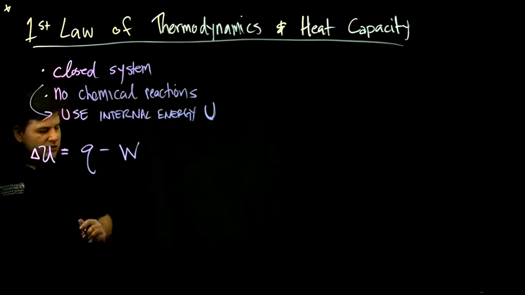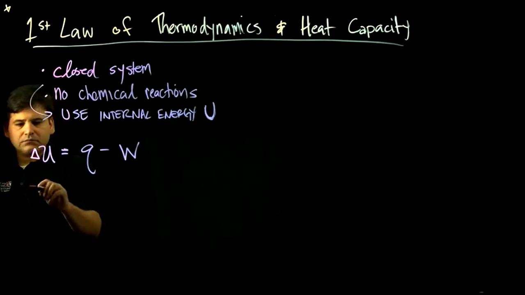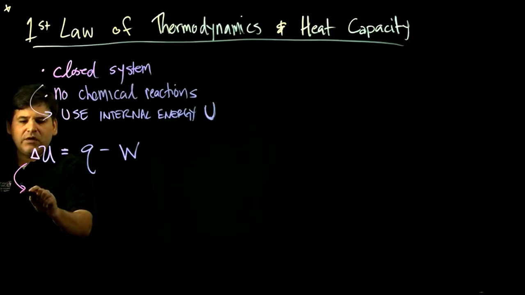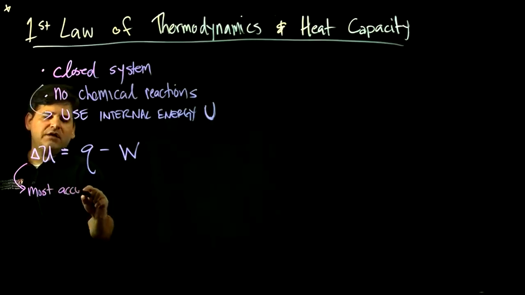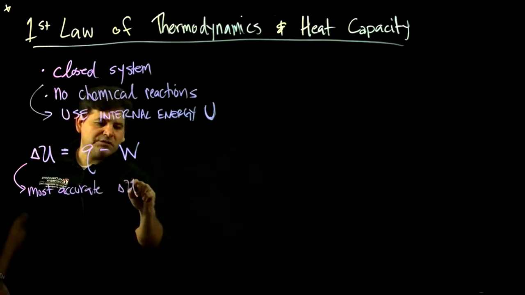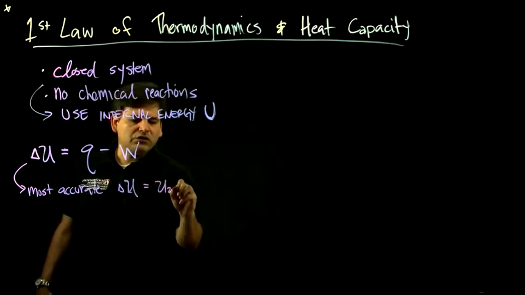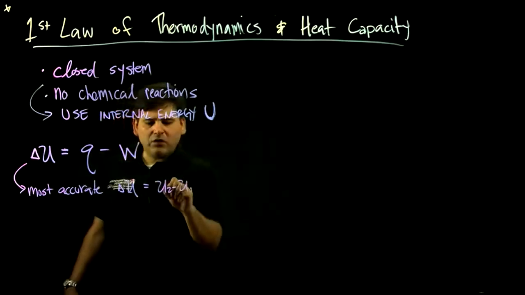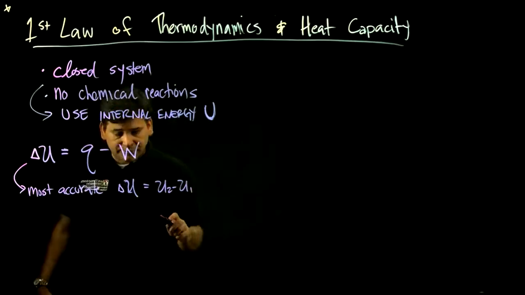So one way to do it, the most accurate way, is to find a table so that you can simply evaluate delta U equals U2 minus U1, the final energy minus the initial energy.